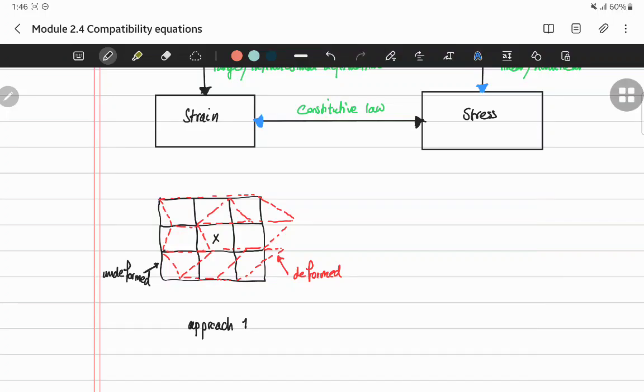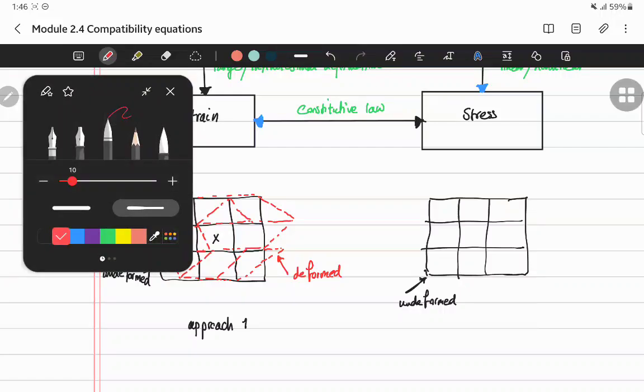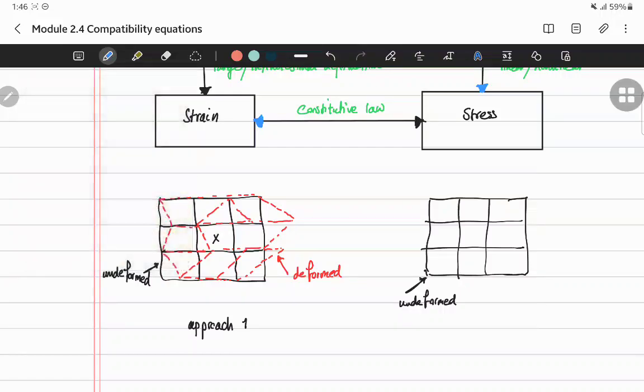In approach 2, you have to make sure that if you have something like an undeformed configuration like this, you have to make sure that your undeformed solution is also, I made a mistake in here.